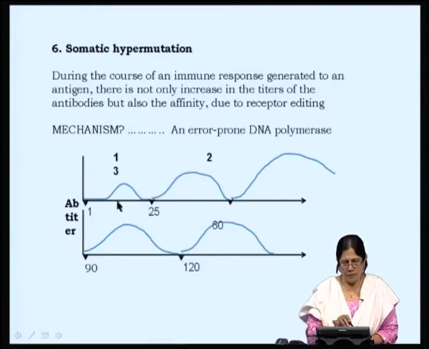After the first response, when the titers were seen to come down, the same antigen was injected again and also a third time. There has been a slight change here; this should be 60 and this 3 should be here, that would show the primary immune response, secondary immune response and tertiary immune response.